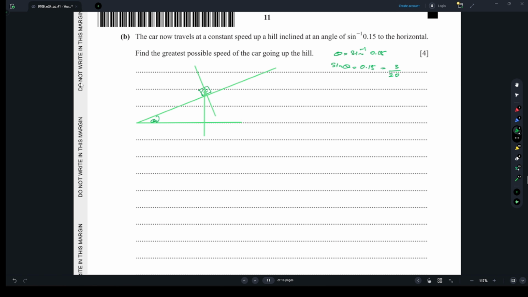or we can say it's 3/20. Okay, so here we have 1200 g, and we have here R. Then we have the driving force, and the resistive force, which is given by kV, where the velocity at this point is v.